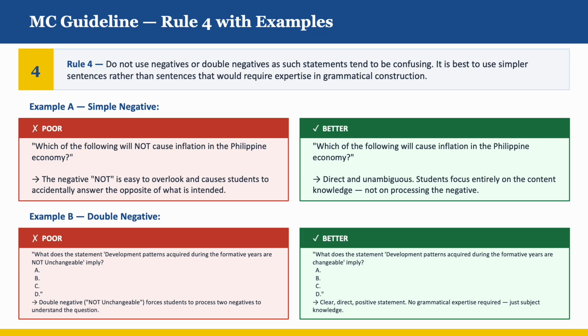So we're testing the grammar more than their understanding of development. So the better version, what does the statement development patterns acquired during the formative years are changeable imply? Now, the student's mental energy goes entirely to the content, which is where it should go.